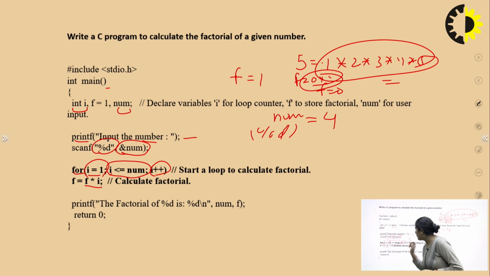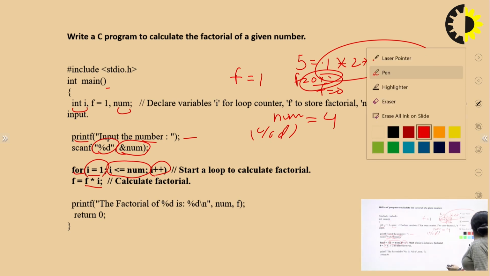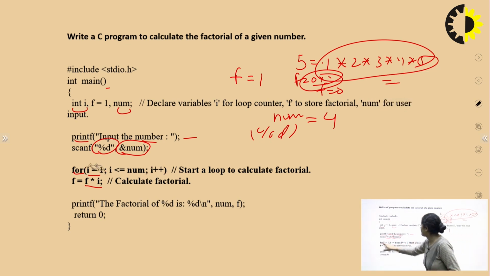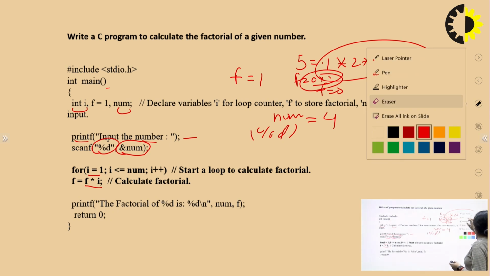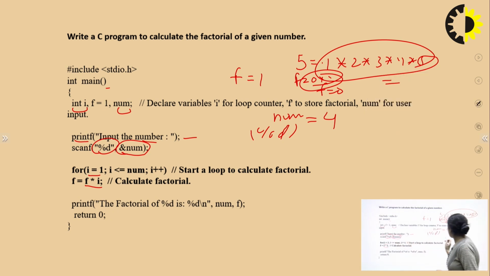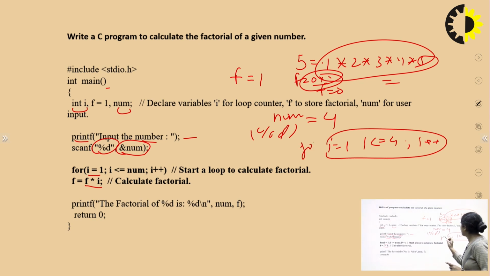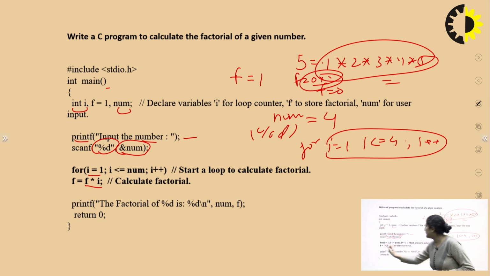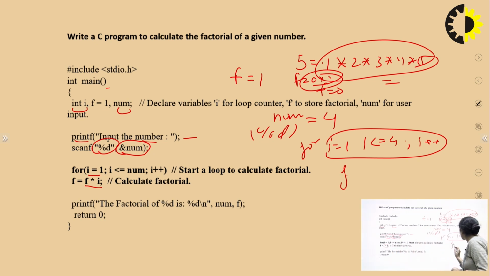Now come to this loop. i is 1. That means 1 is less than equal to 4. Condition true. All 3 statements for the for loop are true. Now what we are doing? f is equal to f into i.